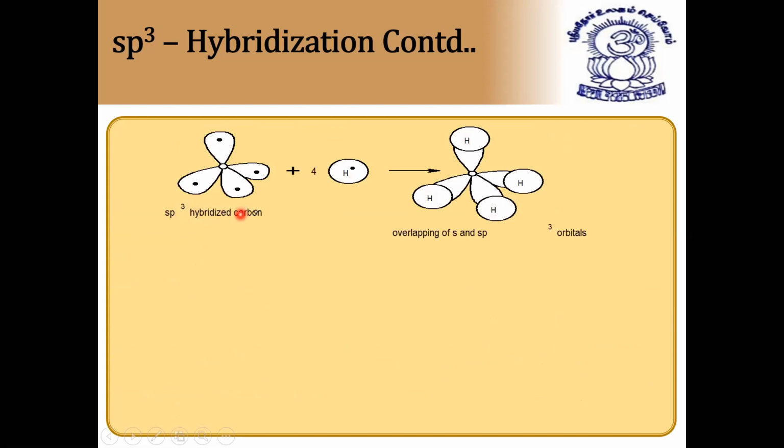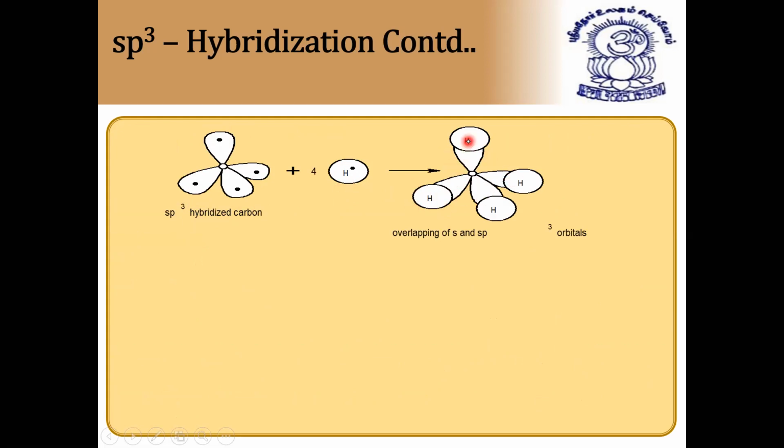The sp3 hybridized carbon plus four hydrogen 1s orbitals. Hydrogen has an s orbital, and carbon has the sp3 orbitals, so overlapping results in the formation of four sigma bonds. End-to-end overlapping only.